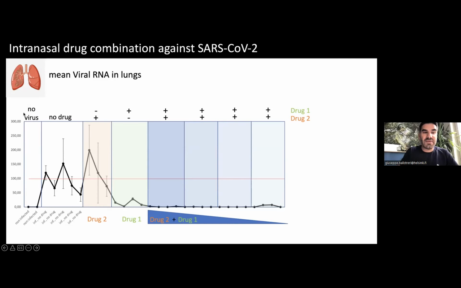If you don't put any virus and you analyze the lungs, you don't get any PCR values. So this counts basically how much virus genome you have in the lungs of these mice. No virus, no signal. If you infect the mice but you don't give any drugs, then all of these mice have a lot of virus in their lungs.